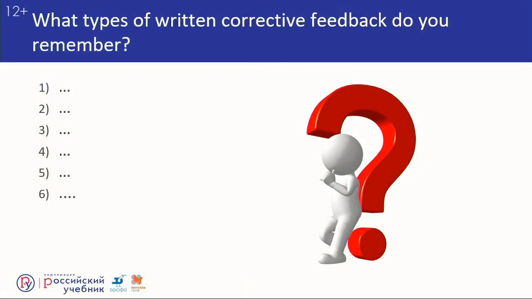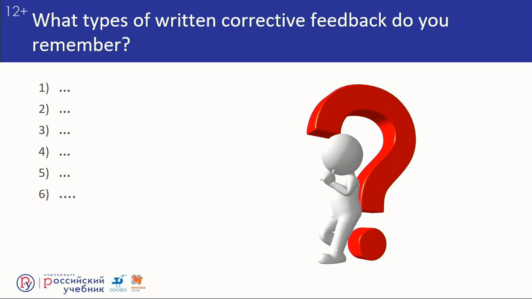Now, some of you might have already seen the previous video about different strategies of written corrective feedback, which aims at correcting linguistic errors in our student writing. And you probably remember some strategies which we talked about.